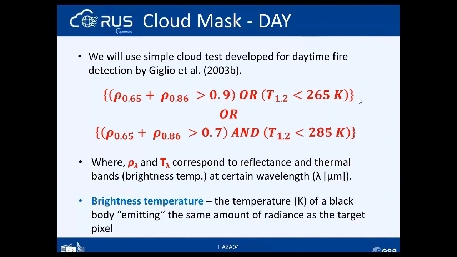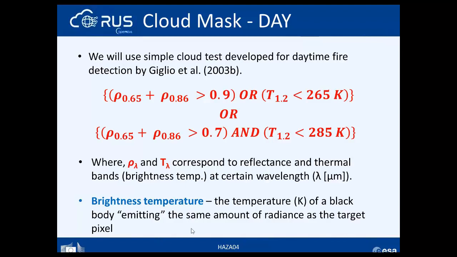So we have 2 major clauses here, and if the pixel is positive in either of those, we mark it as a cloud pixel. We are also using the thermal band at 1.2 micrometers. Sorry, this is a mistake, it should be 12 micrometers, not 1.2.